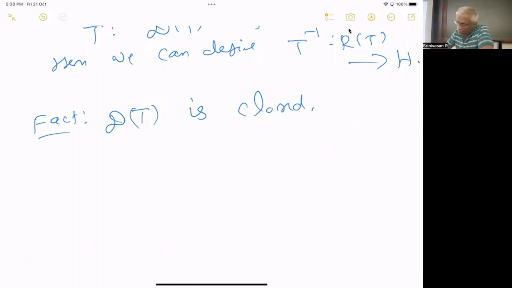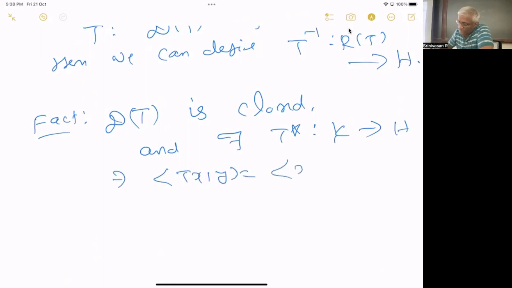Suppose the domain of T is closed, and there exists a T star from K to H such that the inner product of Tx and y equals the inner product of x and T star y. Then T is bounded.